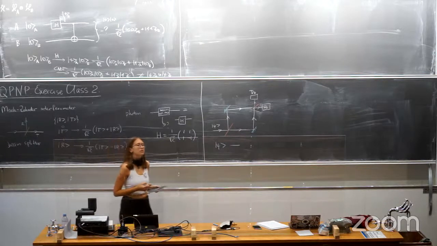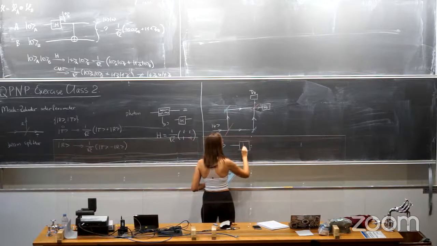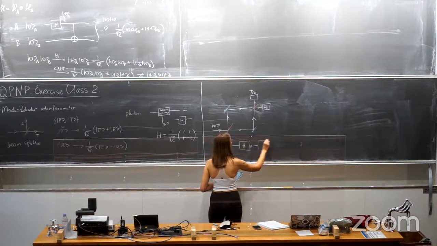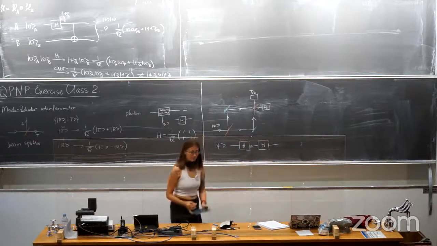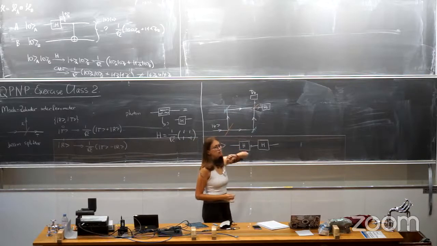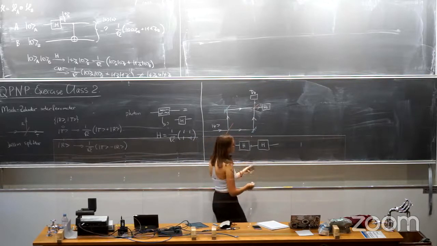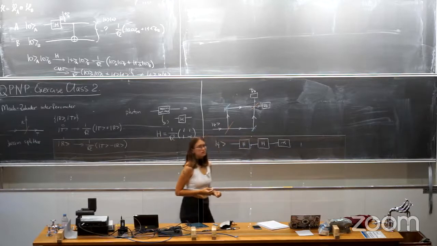Yes. Yes, exactly. The first Hadamard, the second Hadamard, and then finally, when we come to the detectors, the detectors correspond to the measurement. And the measurement in the circuit is usually drawn as this rectangular box with a meter inside. Yes?